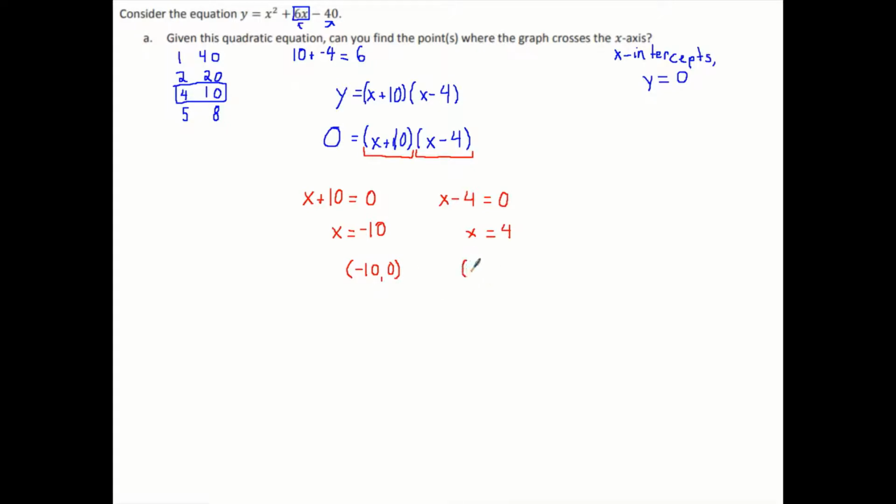And over here, x is equal to 4, so I have 4, 0. So I've found my x-intercepts, where we cross that x-axis.